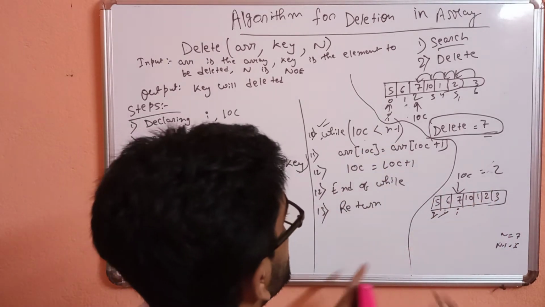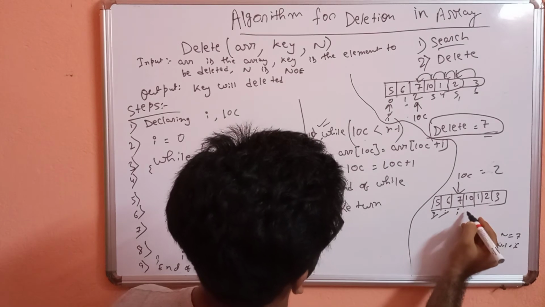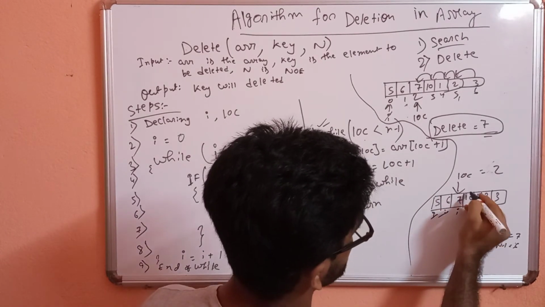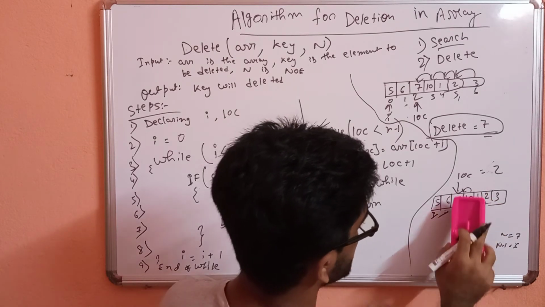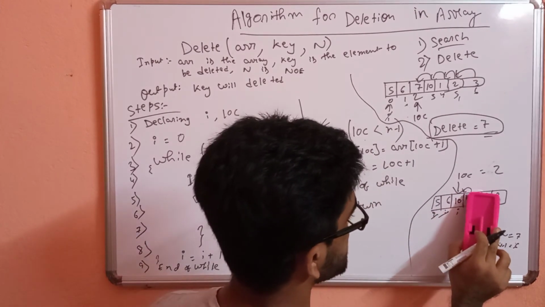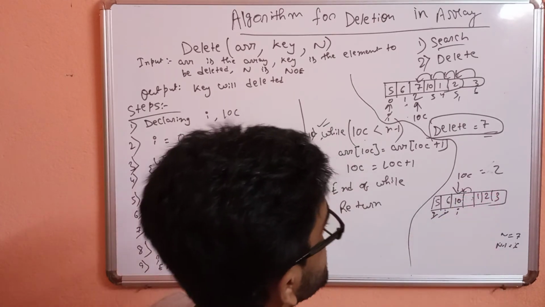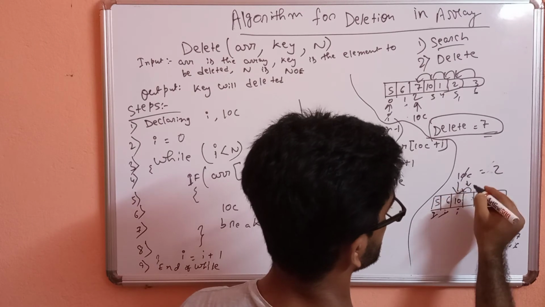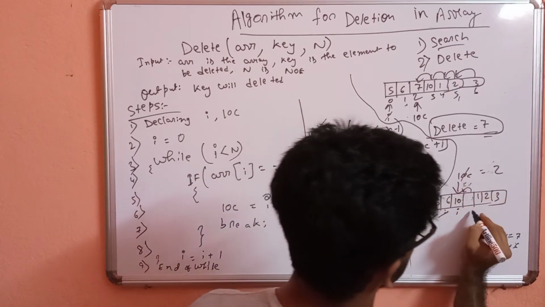Yes. ARR of LOC, that means this position, it is left shifted, meaning 10 will come here. Consider this element to be not present here. LOC plus 1, LOC moves here.